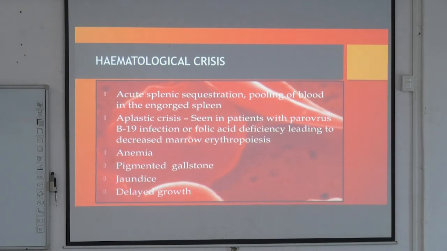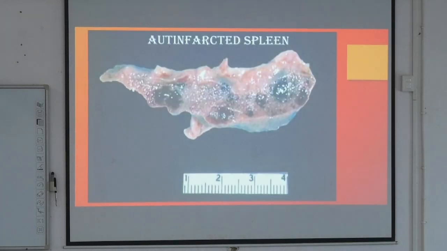Anemia, pigmented gallstones: due to destruction of RBC, the indirect bilirubin portion increases and bile stones or pigmented gallstones form. Jaundice, indirect form of jaundice. Delayed growth due to decreased circulation to the bones and delayed growth of the child. Auto-infarcted spleen, gross specimen. Auto-infarcted spleen.